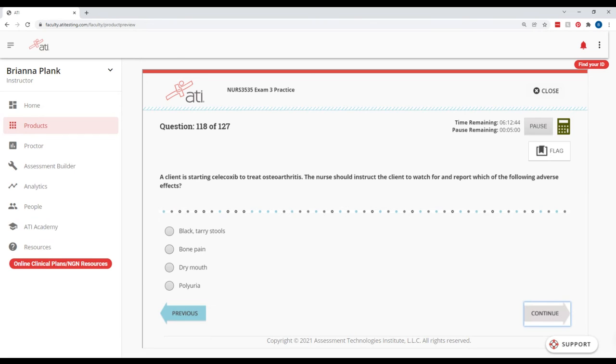Okay, we're treating osteoarthritis. What could be an adverse effect?